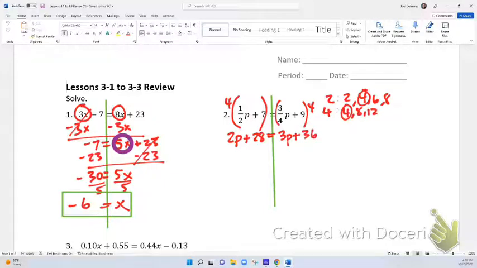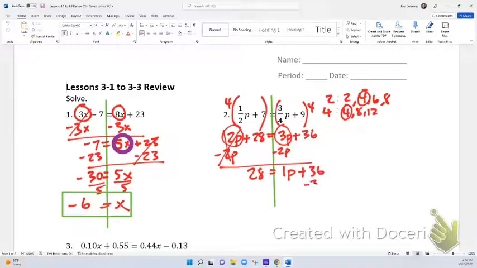And then, just like number one, we're trying to solve for the value of p. There's 2 p's here, there's 3 p's here. Subtract the smaller of the p's, which is 2p. This goes away, you end up with 28. 3p take away 2p is just simply 1p. Bring down the 36.